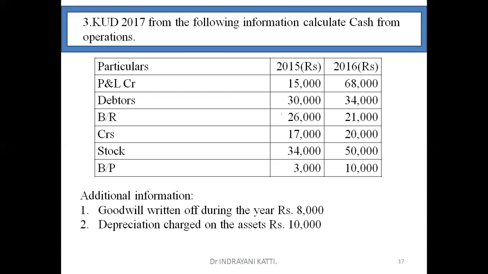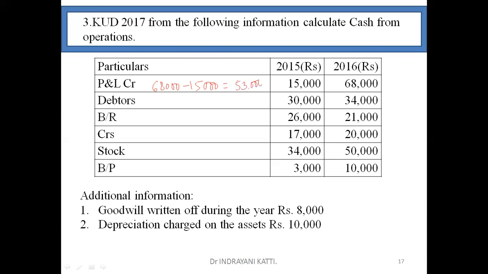So here, there are two options. Instead of taking the closing balance of the profit and loss account and deducting the opening balance of the P&L account at the end, we can take the difference, 68,000 minus 15,000, and start with this difference. That will be 53,000.